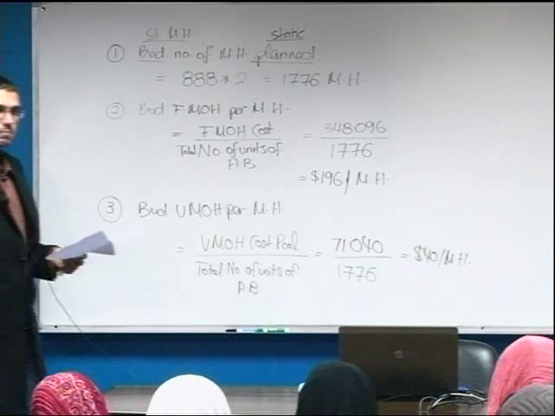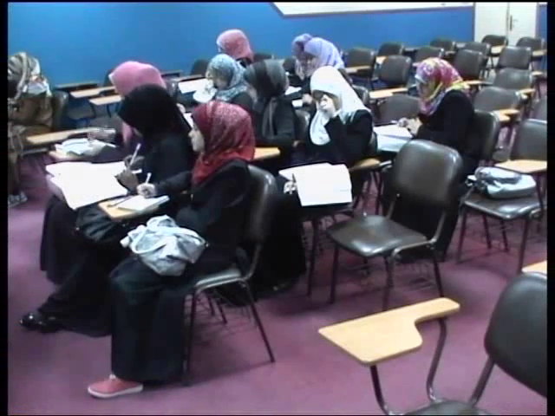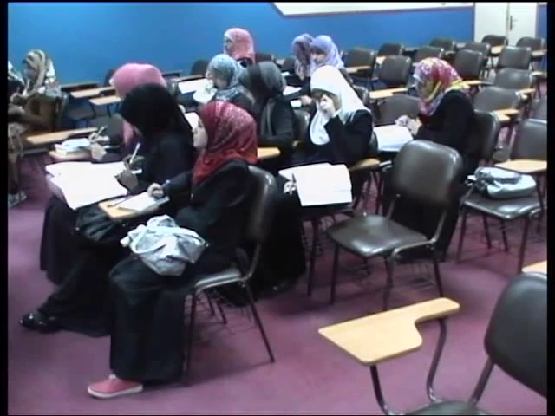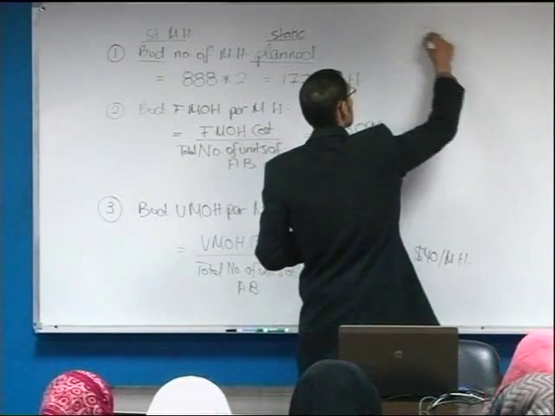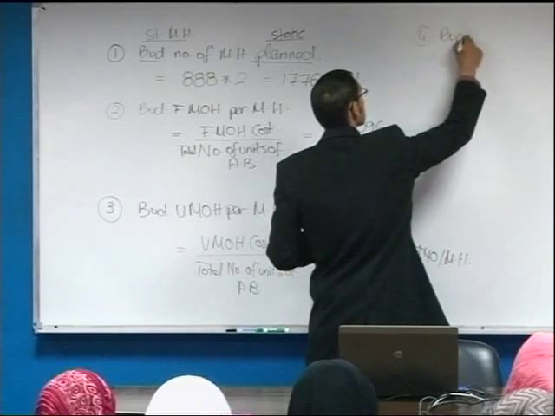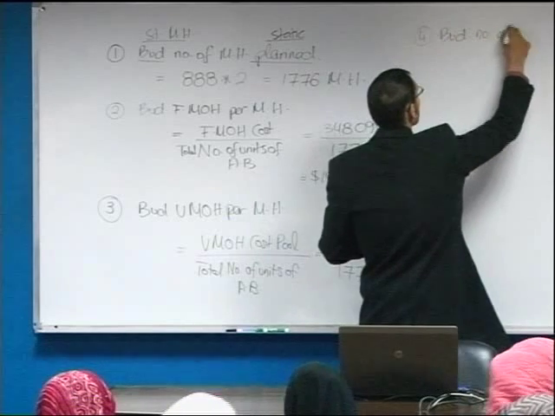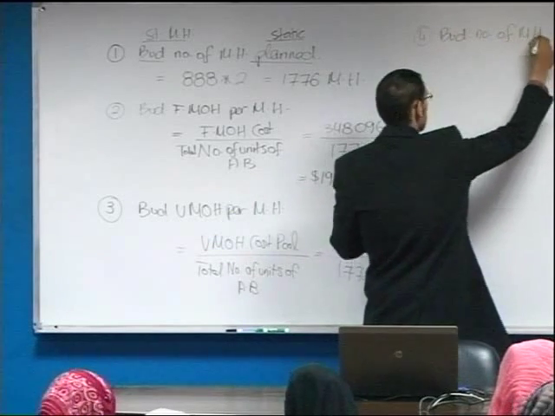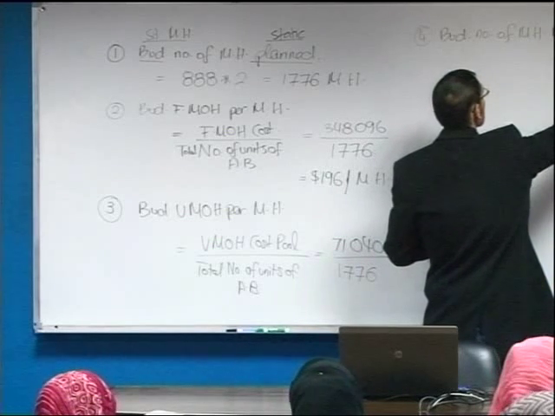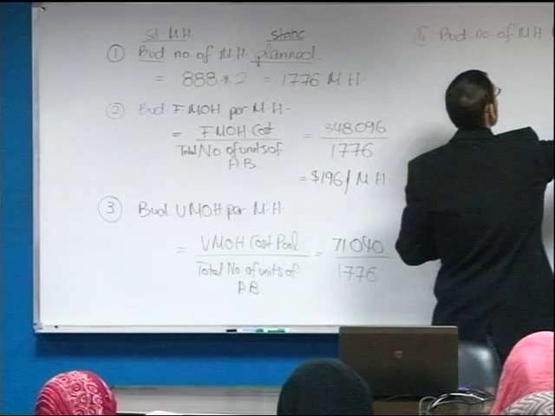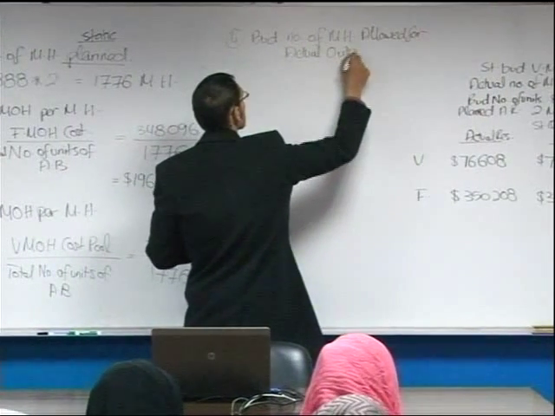Number 4, please. Budgeted number of machine hours allowed for actual output to produce. Therefore, number 4, we need to calculate the budgeted number of machine hours allowed for actual output.